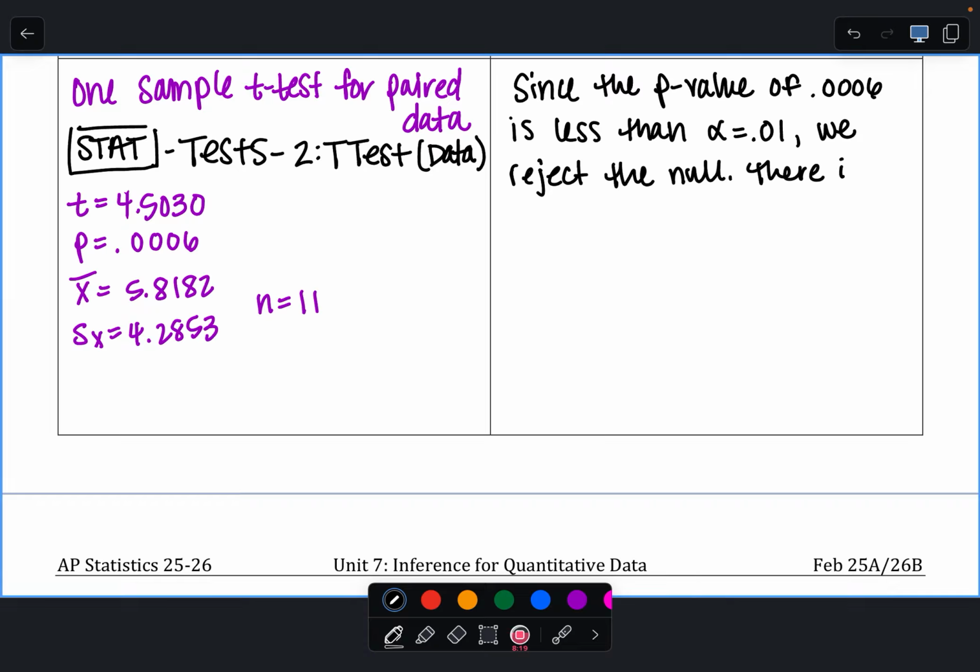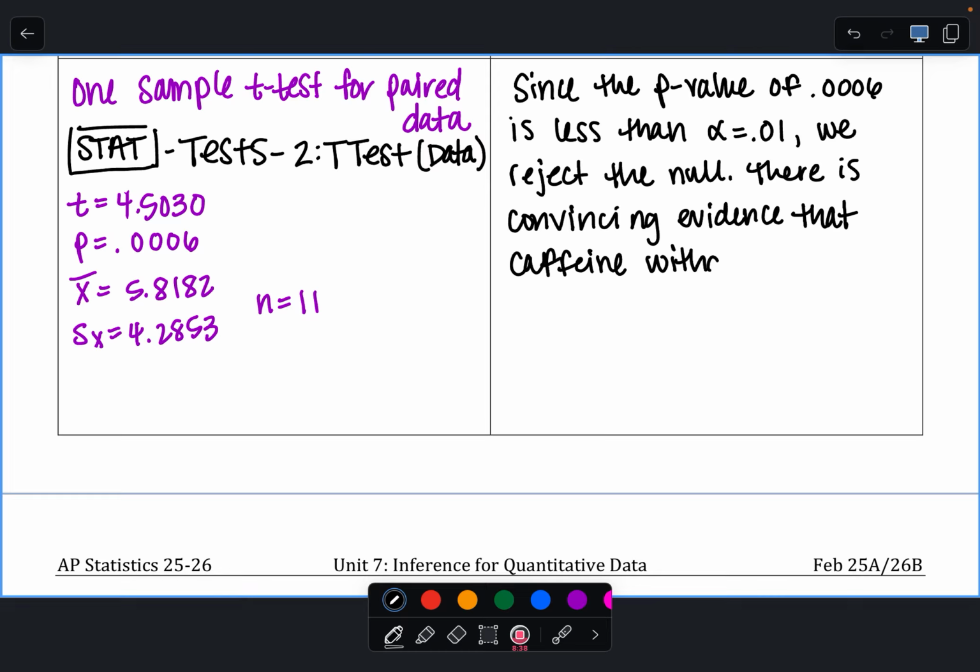There is convincing evidence, and this is where I revert back to the question, there is convincing evidence that caffeine withdrawal increases depression score.